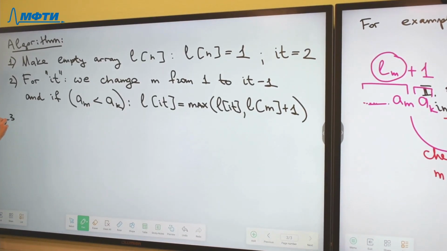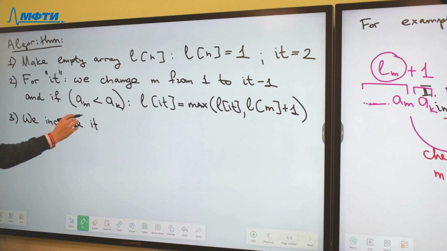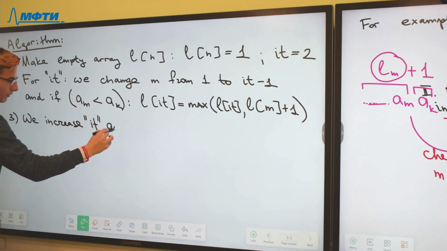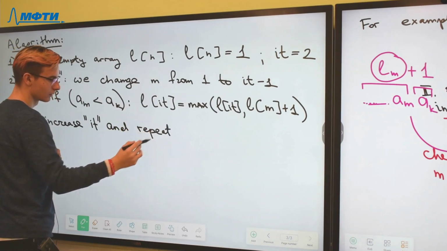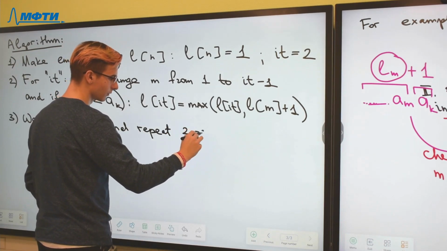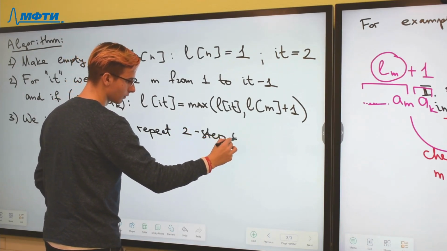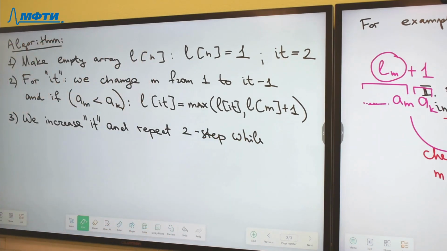And we increase i and repeat the second step while i is less than n.